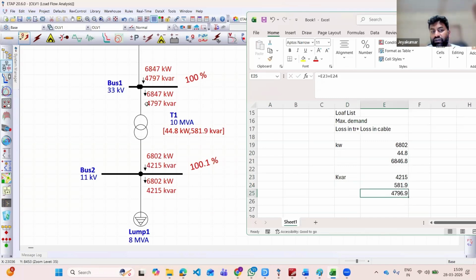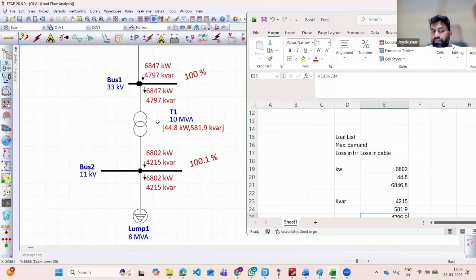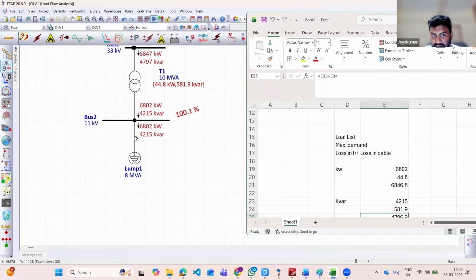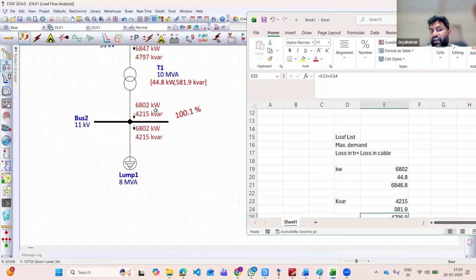When you sum it, it is 4797. So here itself we can come to know that when you are sizing the transformer, you should not only consider your load, you need to consider the transformer loss as well as the cable loss, which maybe I have not put in here. When I put a cable, that also additionally adds up.